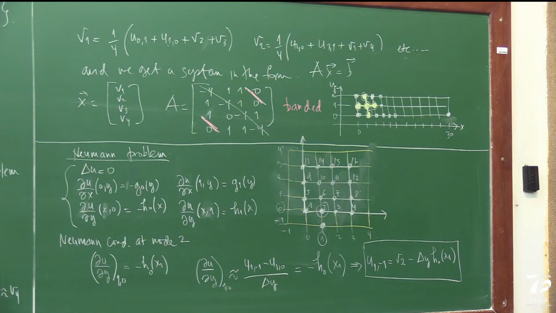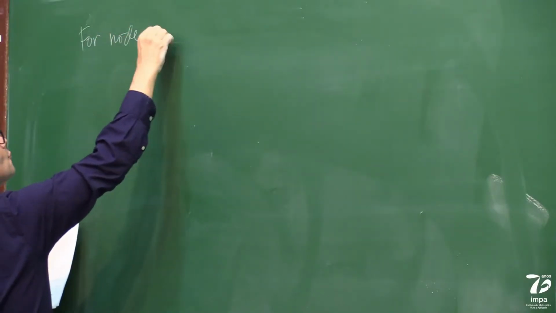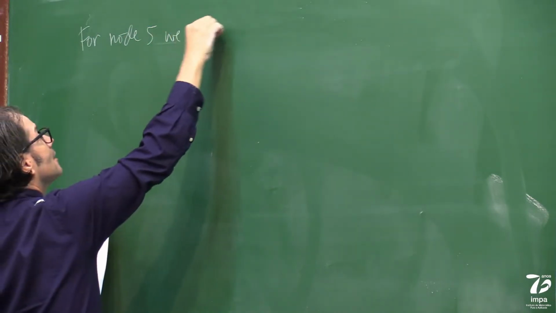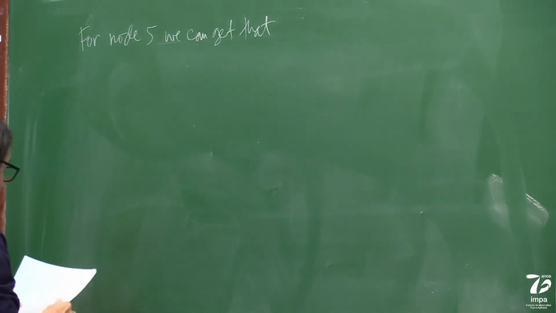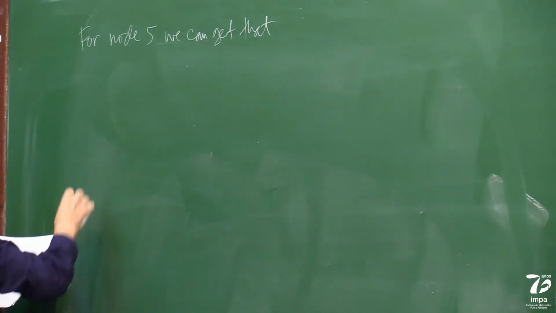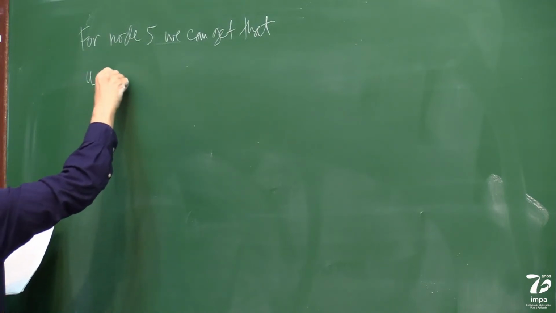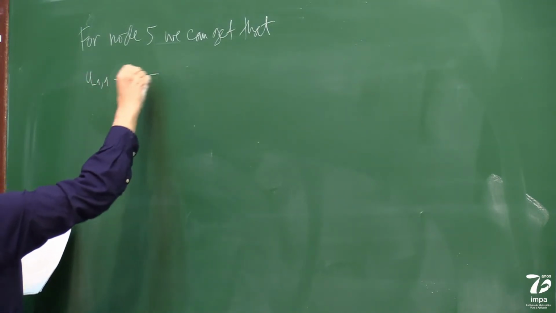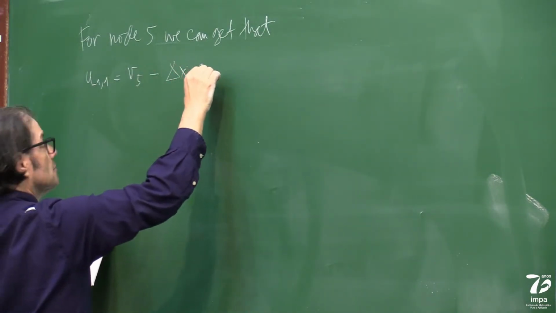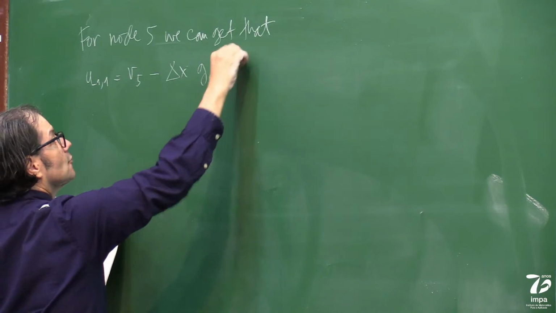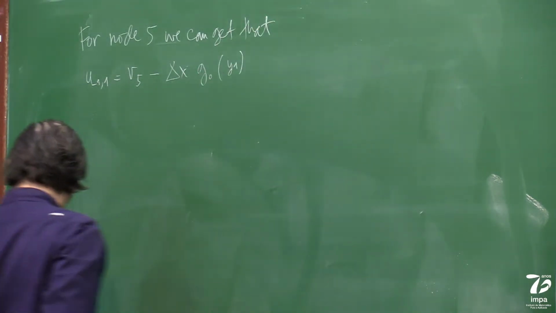So for node 5, just to give an example. For node 5, we can get, using the same strategy, that u minus 1 is equal to v5 minus delta x g0 of y1, right? Using a similar strategy.